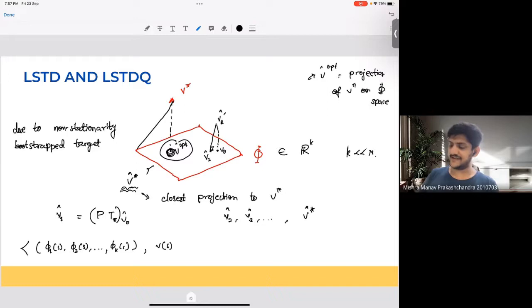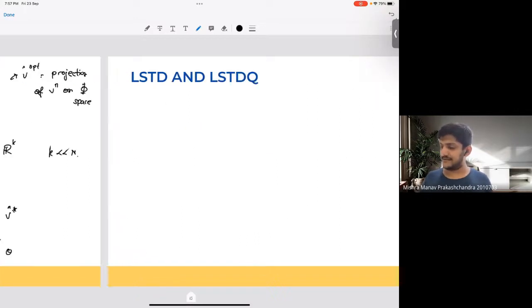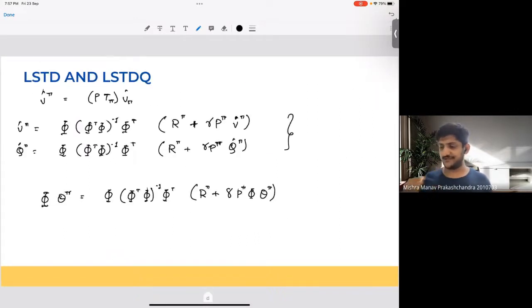This is the data that I have access to, and my v of s is phi s transpose theta. Once I have that, it turns out there's a method if I want to look at the fixed point solution for this. So this is the fixed point equation.